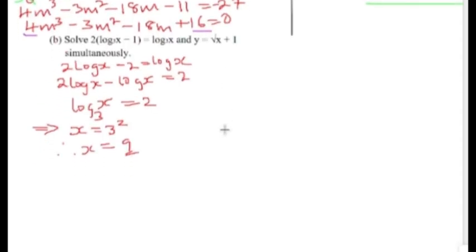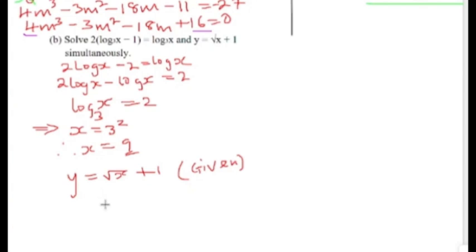The question says we should solve the two simultaneously. So we've obtained what x is. What we'll do next is simply we see that y equals root x plus 1. This is given. Since we already know the value for x, we substitute.